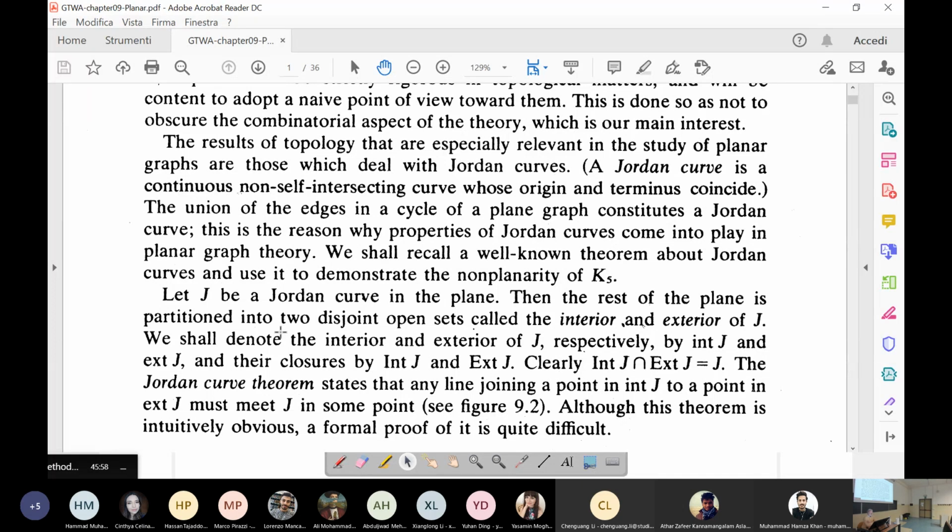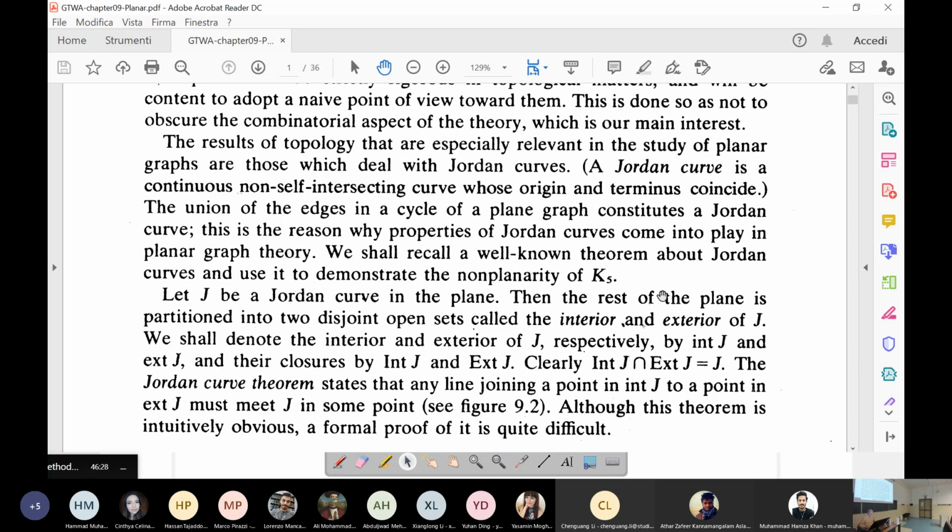The fact that Jordan curve does something to the plane which is very intuitive at first sight, but rather difficult to actually prove. If you have in the plane a Jordan curve, which I repeat is a continuous, non-self-intersecting curve whose origin and terminus coincide, okay?